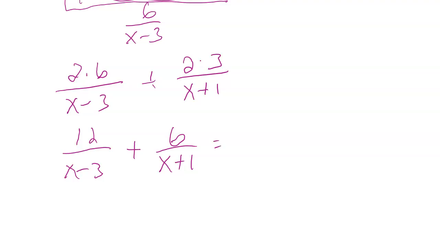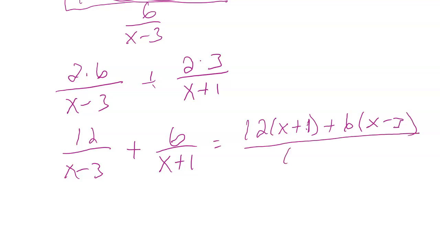All right, find the least common denominator. The first term is missing an x plus 1. The second term is missing an x minus 3. So go ahead and throw them on there. So I get 12 times x plus 1 plus 6 times x minus 3 over x minus 3, x plus 1.